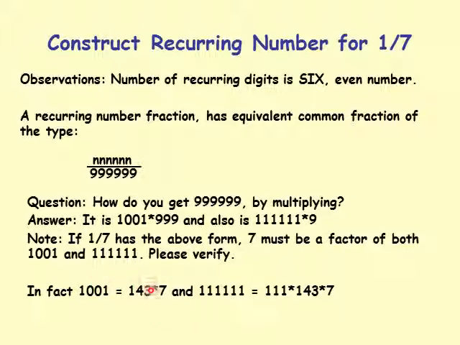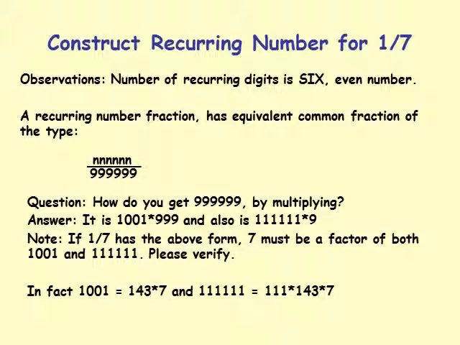How to get 143? One way is that I need 1001 here, so I divide 1001 by 7. Another way is that there's a subsutra which associates 143 and 7 through multiplication. So here's 143 and 7, and they both multiply to 1001, and I would need that to compute a sequence of 6 nines.